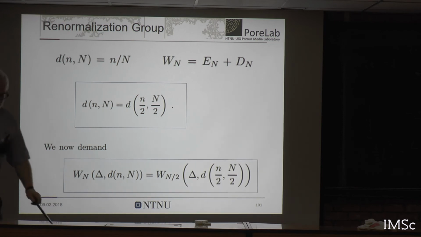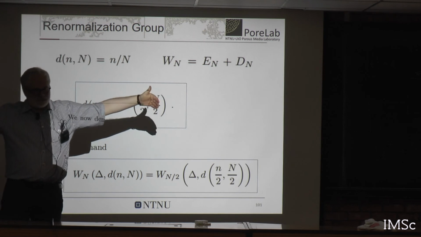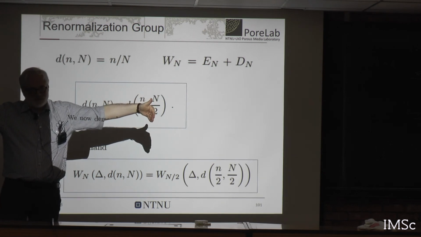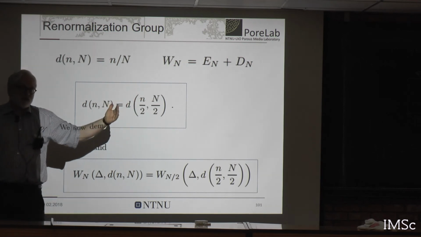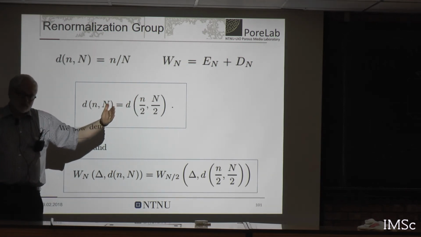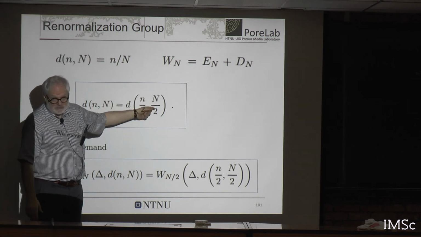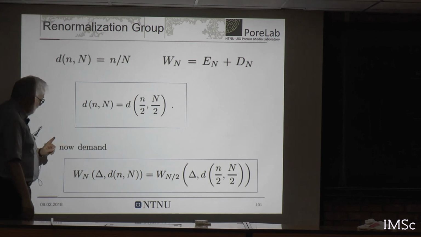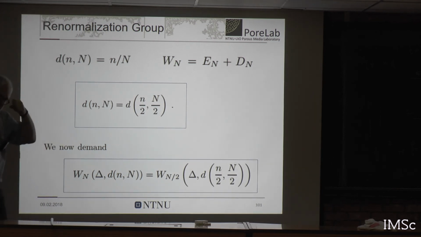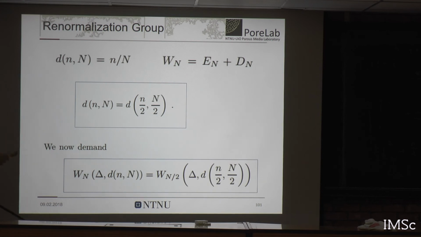And now the idea is this. I have these n fibers like this. What I'm going to do is to replace these n fibers by a new fiber bundle, but with n over 2 fibers, half as many fibers. And I'm going to demand that, and this is something I want, and this is something you always have to do in a renormalization group.